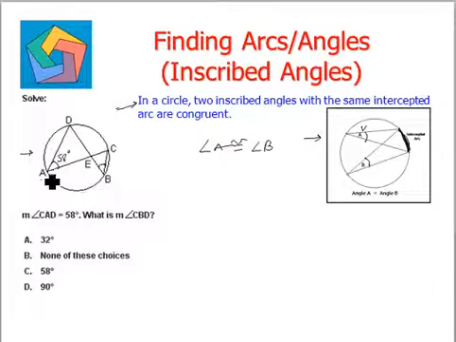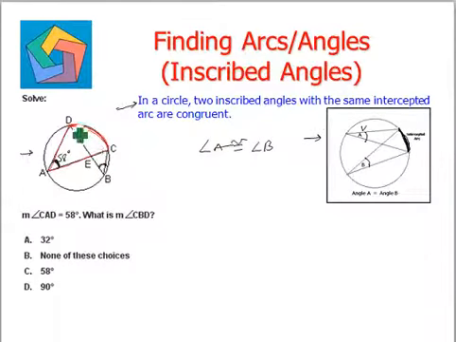Coming back to the question, here we say that measure of angle CAD is 58 and we have to find out the measure of angle CBD. Now both these angles are having the same intercepted arc, that is CD. If we look carefully, this is also like this, and let's use a different color.